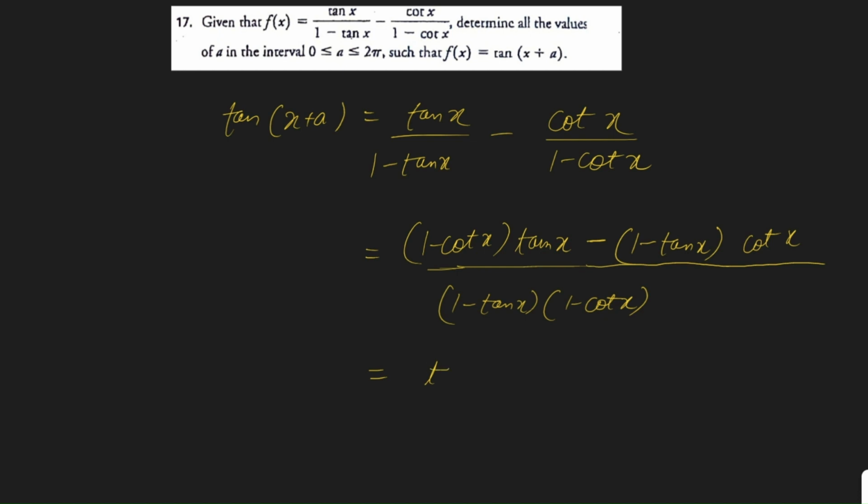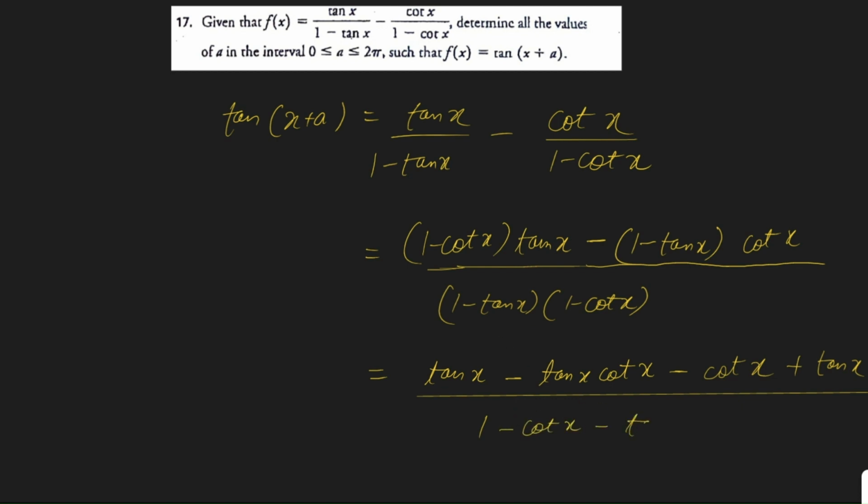We have tan x minus tan x cot x minus cot x, and then negative is this positive tan x cot x. Alright, and then this value when multiplied is 1 minus cot x minus tan x, and then plus tan x cot x.